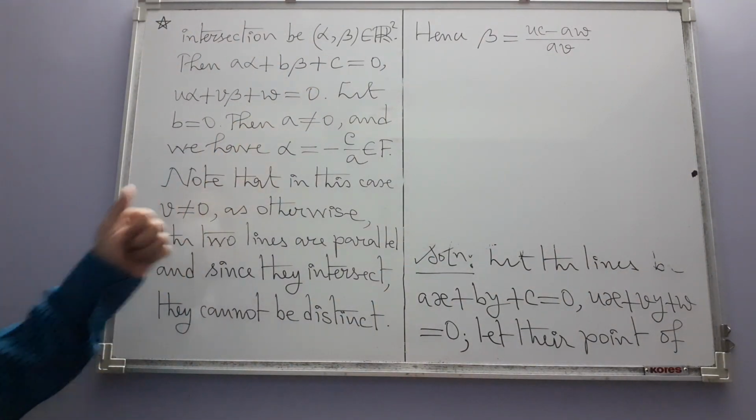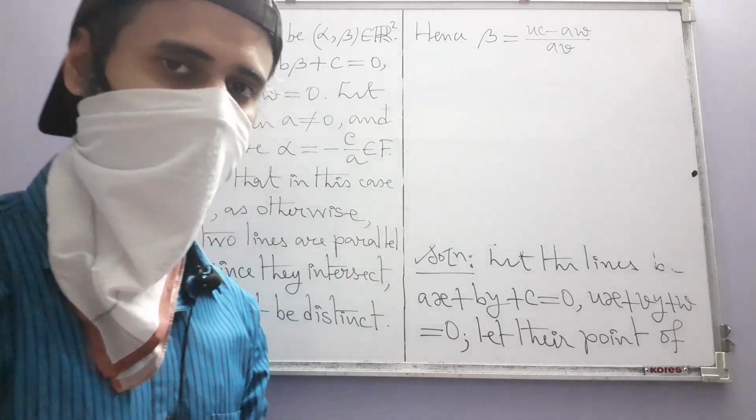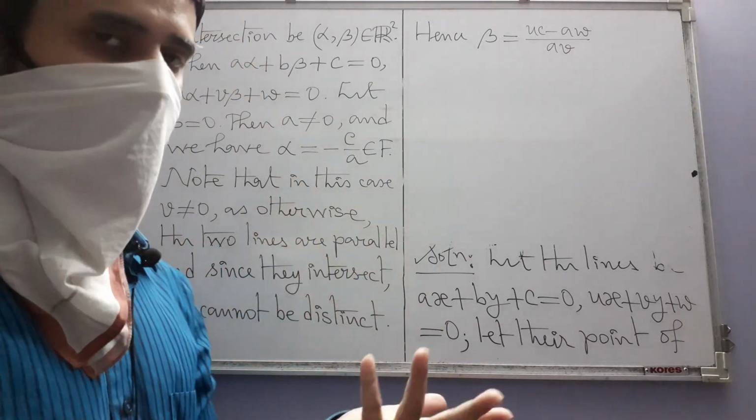Now a is non-zero, v is non-zero, so there is no problem in the denominator, and in the numerator of course there is no problem.